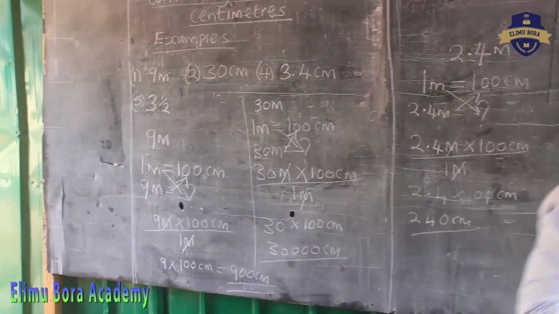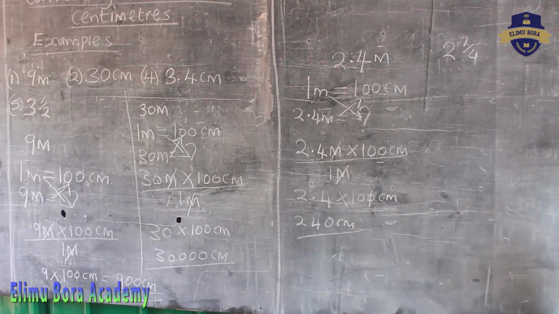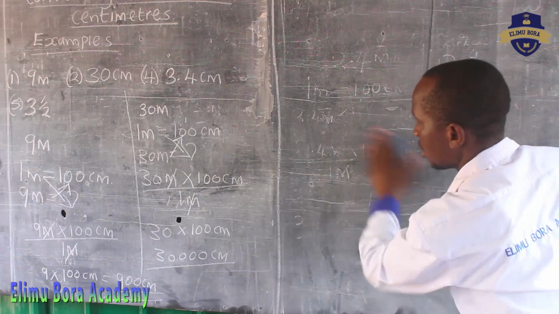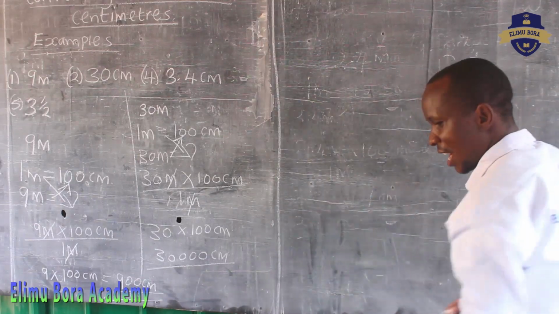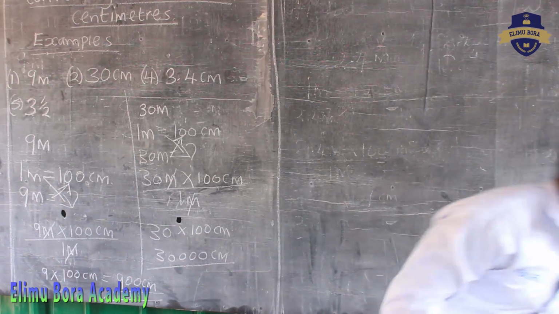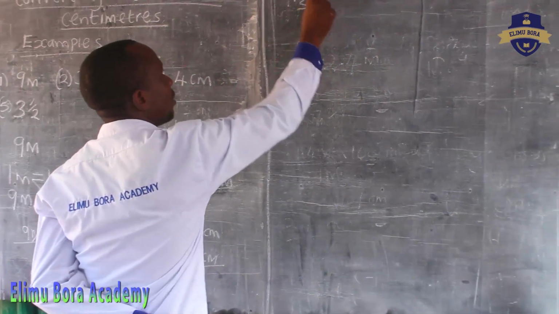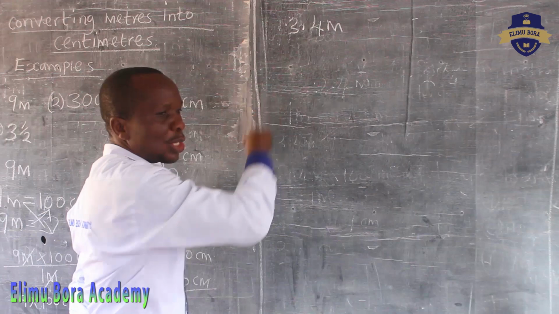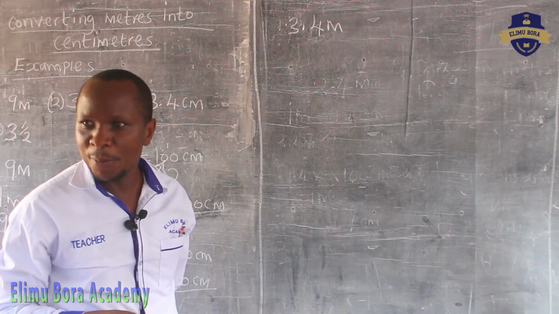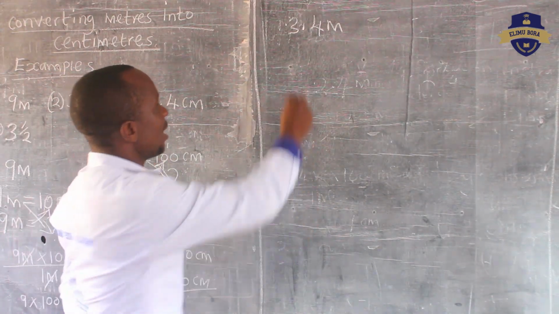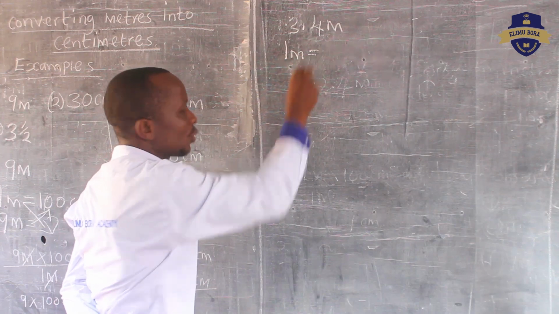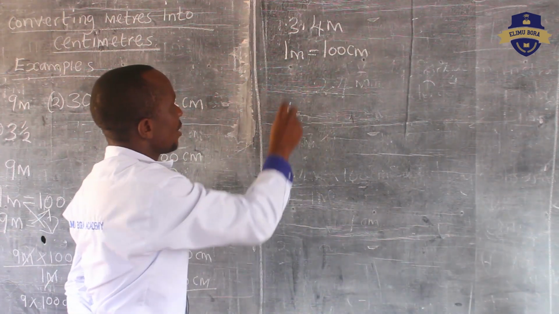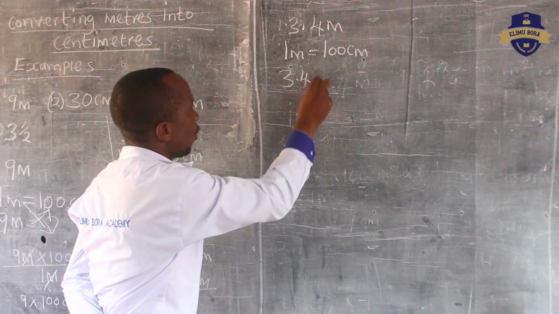Let us work out the next example, which has a decimal point. For example, we have 3.4 meters. The method remains: 1 meter is equal to 100 centimeters. What about 3.4?